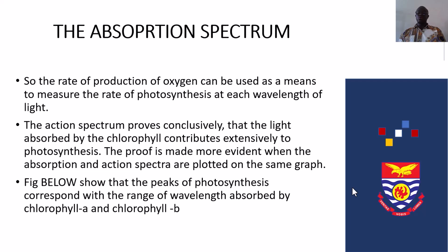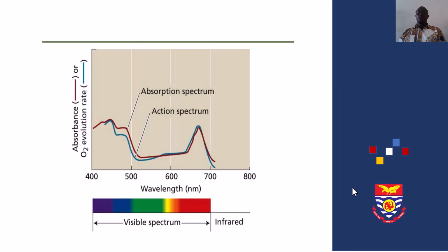The figure below shows that the peaks of photosynthesis correspond with the range of wavelength absorbed by chlorophyll A and chlorophyll B. So we have the absorption spectrum and the action spectrum. The absorbance is in red, whilst the oxygen evolution rate is in blue. That's the action spectrum. So, absorbance against wavelength, the visible spectrum.